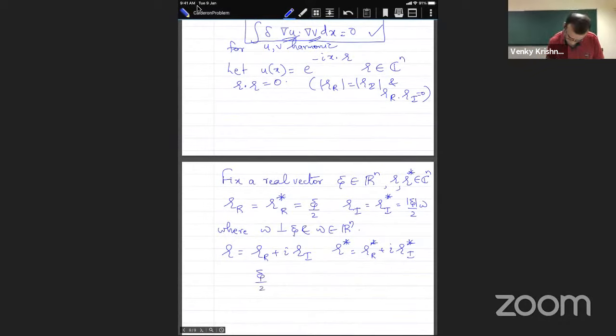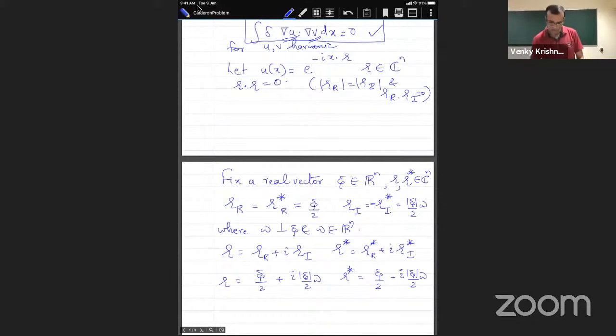I have c by 2 plus i times mod c by 2 omega. Did I do this right? Maybe I should put one with a minus sign. Yes. Otherwise, we get the same set of vectors. Now this is zeta. So zeta star, let me take it to be c by 2 minus i mod c by 2 omega. There you go.